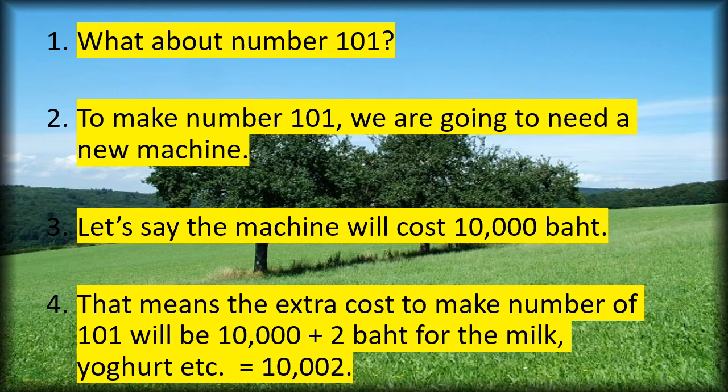What about number 101? To make number 101, we are going to need a new machine. So let's say the machine will cost 10,000 baht. That means the extra cost to make number 101 will be 10,000 plus 2 baht for the milk and yogurt, etc. So 10,002 baht.